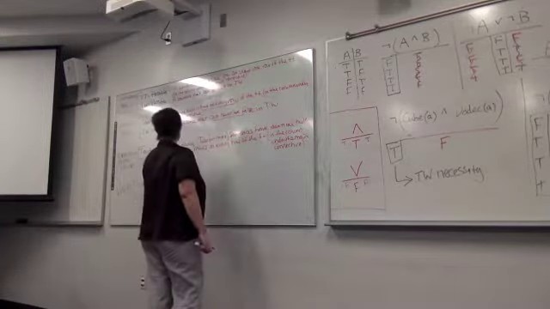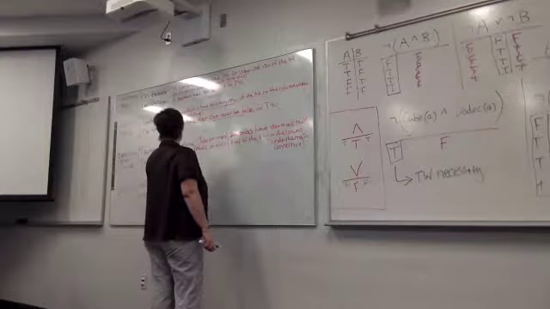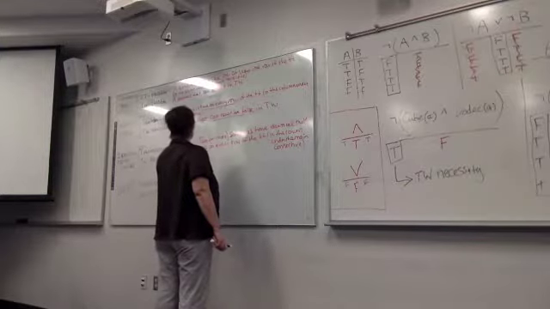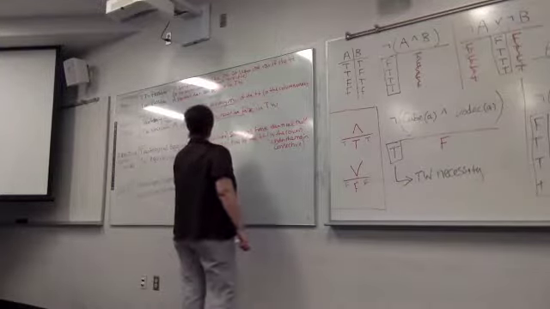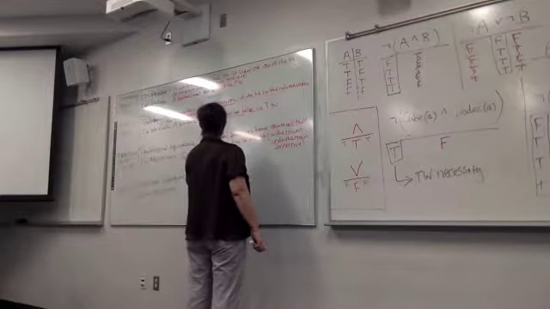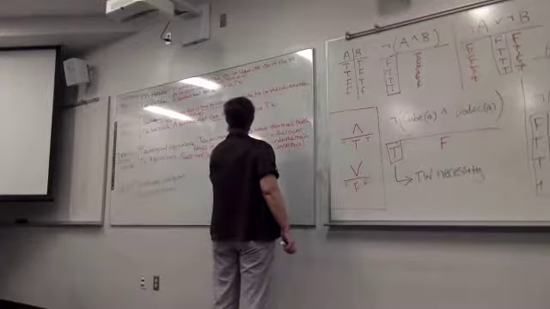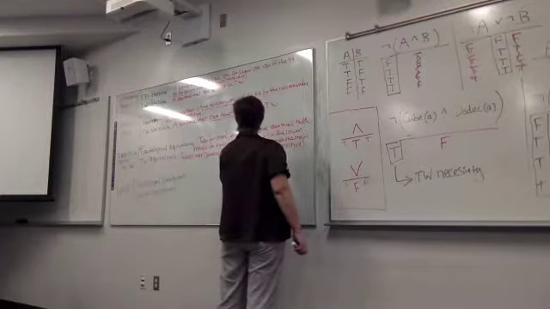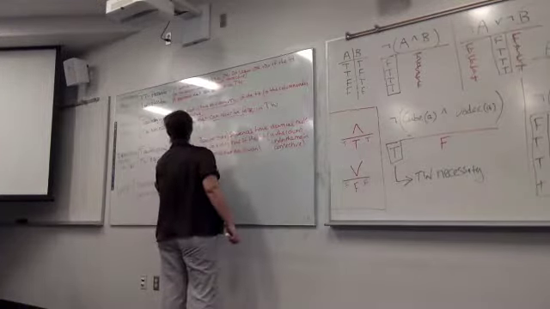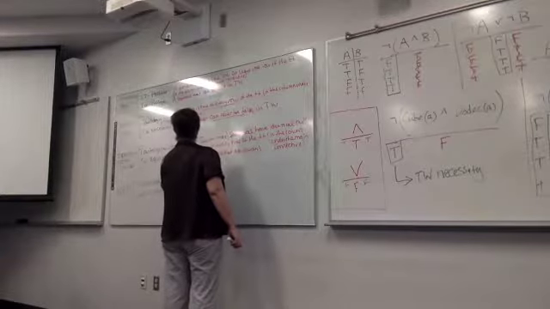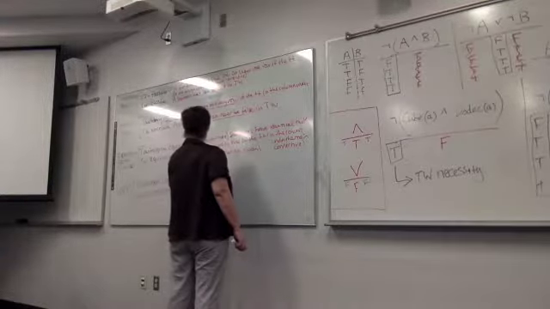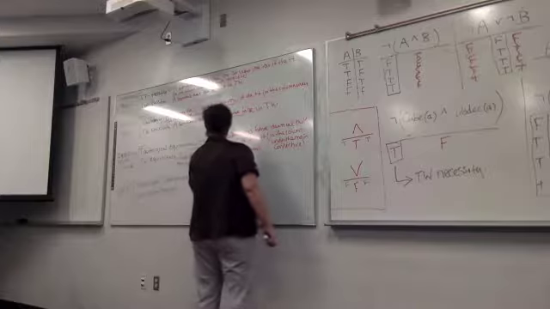Tarski's world equivalent sentences are two or more sentences that are always true or always false at the same time.